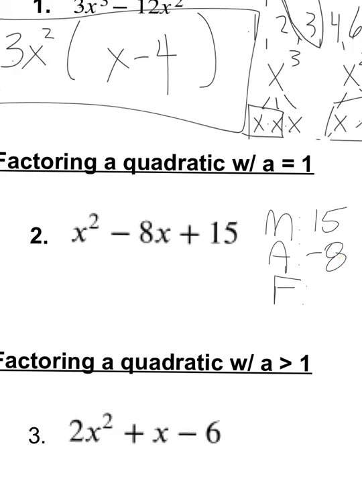This poses a question: when we multiply two positive numbers, it gives us a positive, but we could also multiply two negative numbers to get a positive number. So if I flip the 5 and the 3 to -5 and -3, -5 times -3 equals +15, and it adds to be -8. That's what we want.